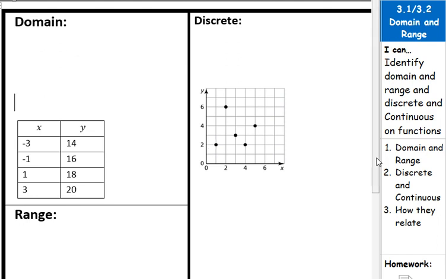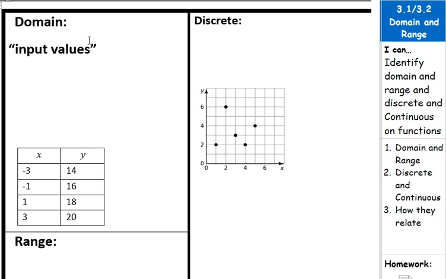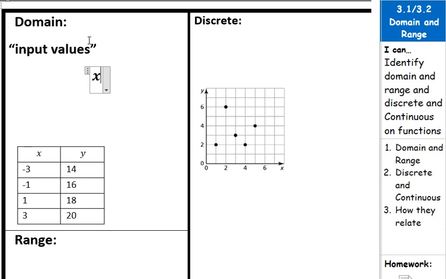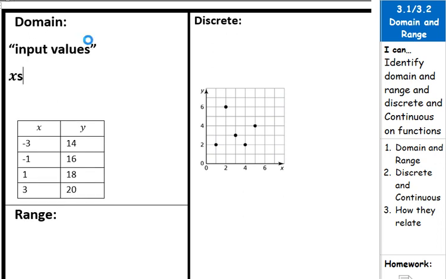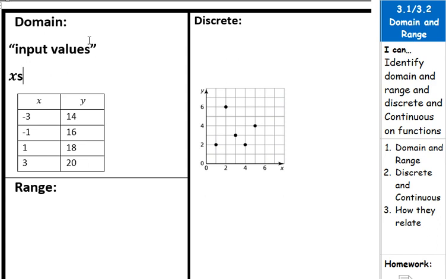So first thing we're going to talk about is the domain. Domain and range are super easy once we understand them. The domain is just all of the input values. Well, what's that mean? Really, it just means it's all the x values. And that's just about all there is to it.